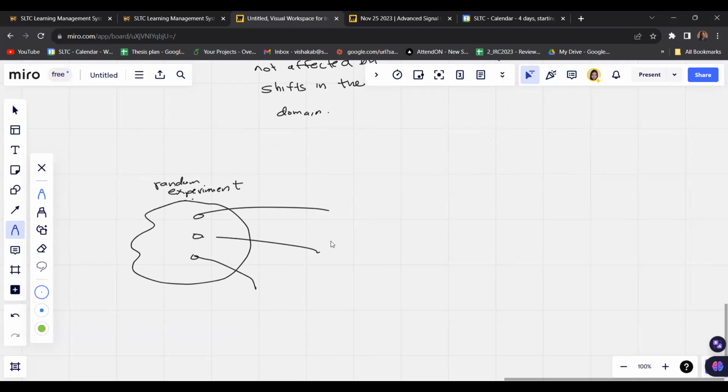This random experiment will give out outcomes related to the time domain. It can be time domain or spatial domain, but for the moment we will take the time domain for ease of understanding.